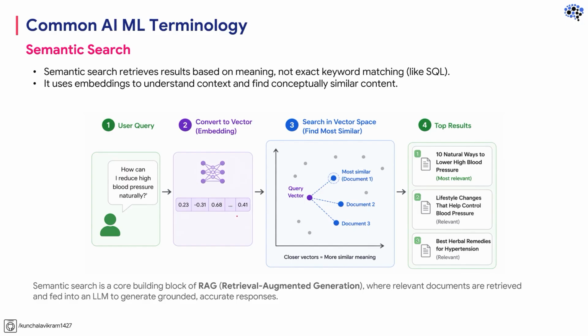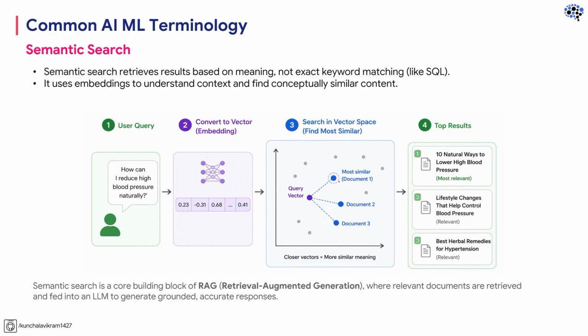Now within the embedding space, I try to find the similar documents that talk about this. This is usually done through semantic search. I find the vectors which are very close to each other. For example, all these vectors are very close to my query, which means they may have the information that I am looking for. But there are other vectors which are far and may not have the needed information.